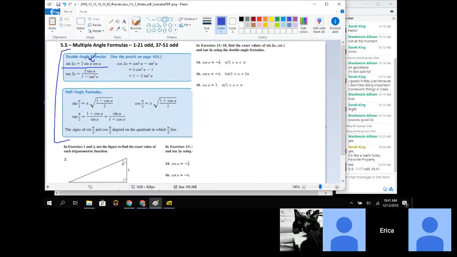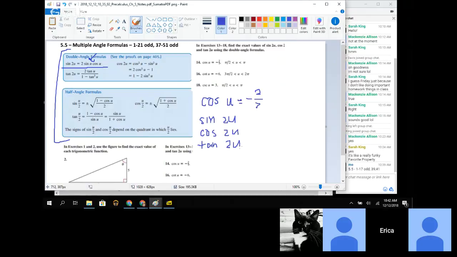They tell you that the cosine, and this looks a little different than the other one, the cosine of u equals -2/7. So I want to know what the sine of 2u is, the cosine of 2u, and the tangent of 2u.